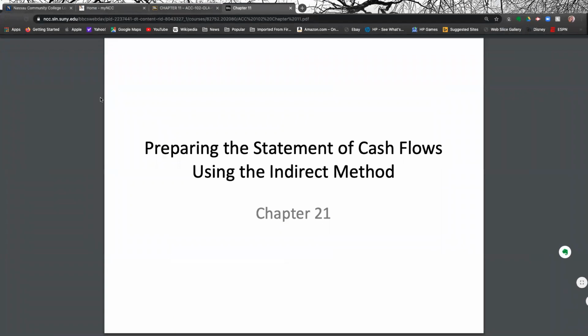preparing statement of cash flow using the indirect method. There are two ways of doing this, indirect and direct. You have to come out to the same answer no matter which method you use. I have been teaching and practicing accounting for many years, 6 years.